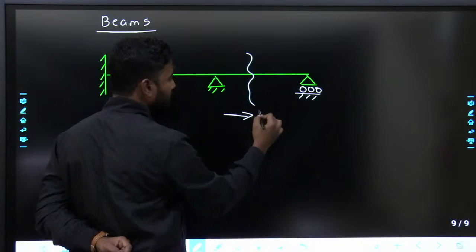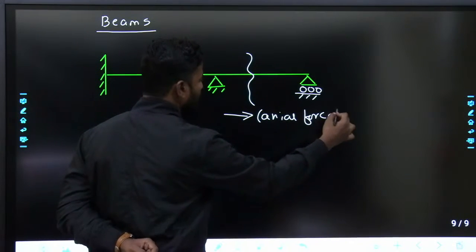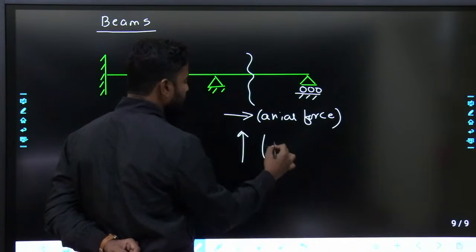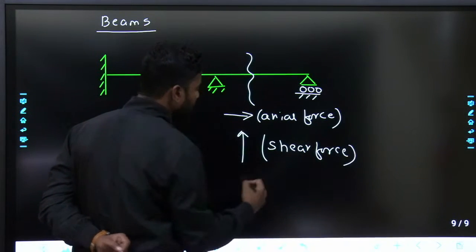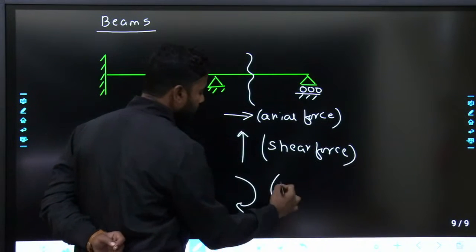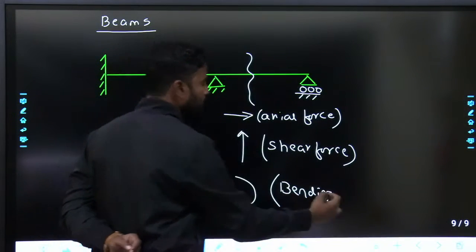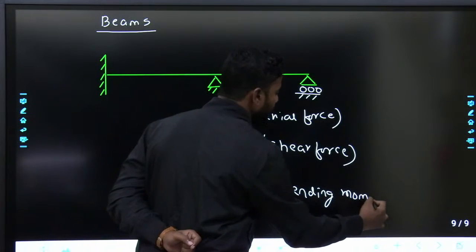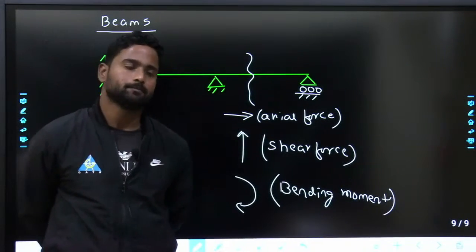At any section, if you see member, axial force, and there will be shear force, and there will be moments called bending moment. At any point on the beam, three forces will be there, that is axial force or thrust, shear force and bending moment.